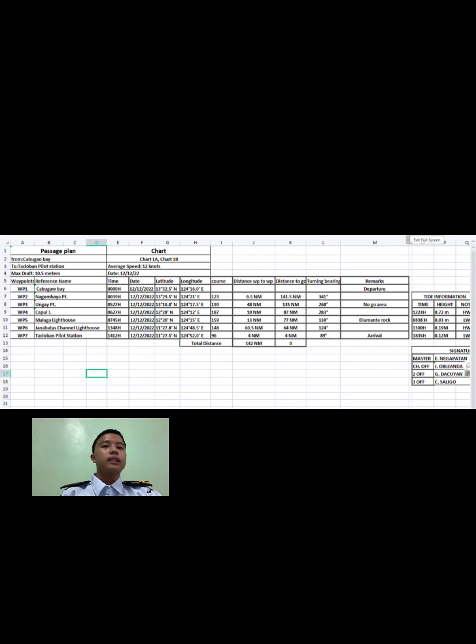Our waypoint 3 is Ongay Point. The course is 190, the distance waypoint to waypoint is 48 nautical miles, the distance to go is 135 nautical miles, and the turning bearing is 268 degrees.